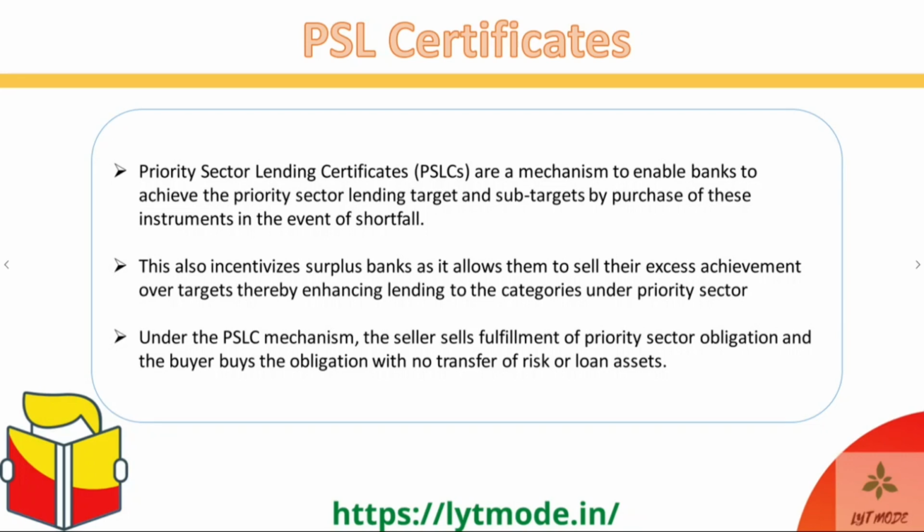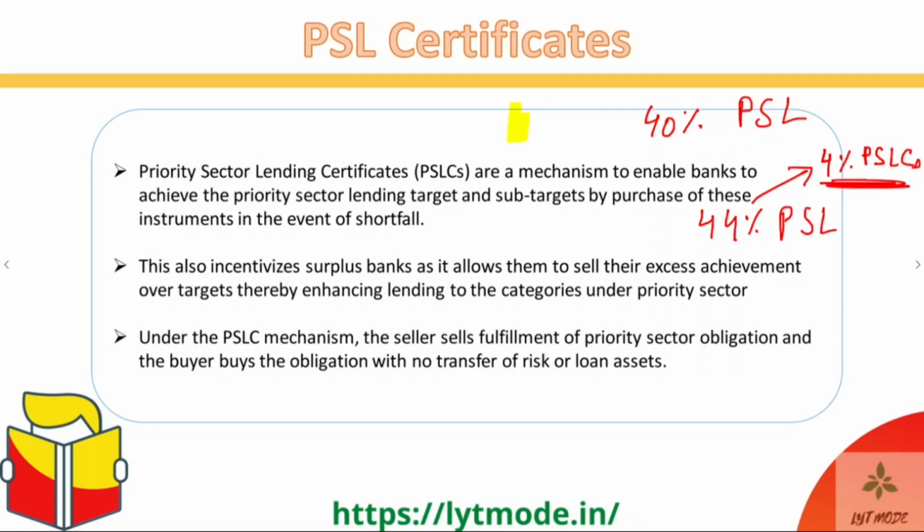So if a bank is supposed to give 40% of its ANBC as the PSL target, and that bank is able to achieve 44%, then for the 4% incremental, it will be given certificates, or PSLCs. And these PSLCs are tradable, so the bank can sell them in the market.